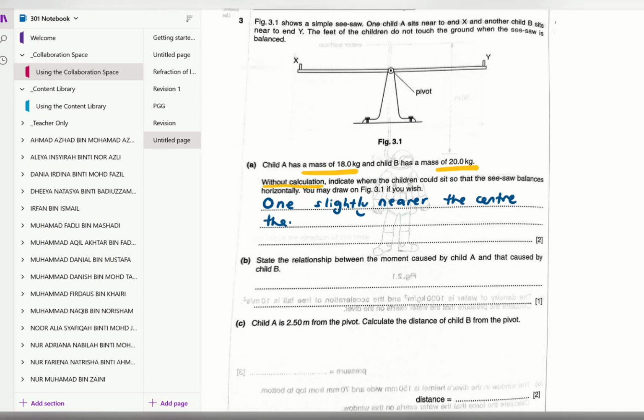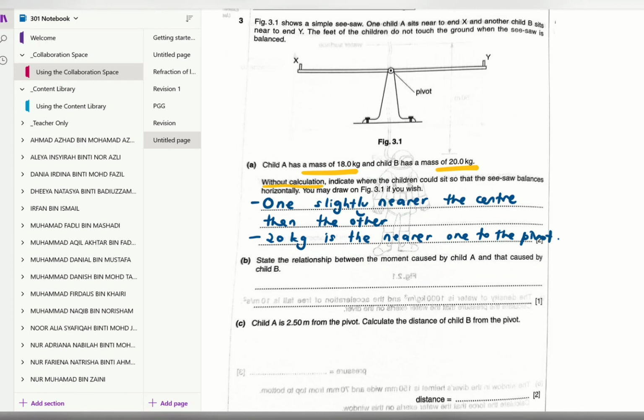Next, the 20 kg child is nearer to the pivot, and the other one is further from the pivot. Now graphically, this is what you draw.